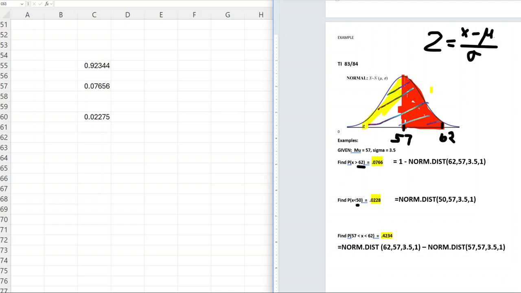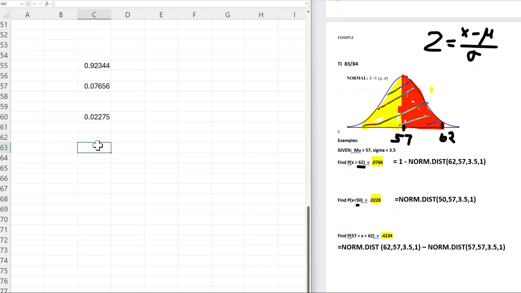And when I do that, what's left is this area in red. So I type in equals normal distribution, and I put in my 62, my 57, my 3.5, and my 1. Close it, minus my normal distribution, and I want to the left of 57.